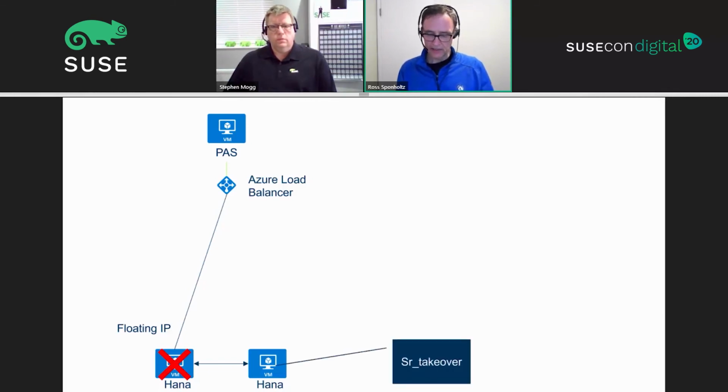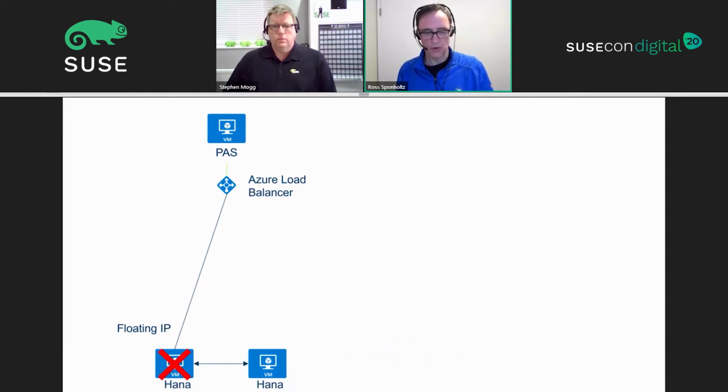So in the underlying software, in the HANA resource agent, we tell HANA 2 to do an SR takeover. If you're familiar with HANA, that just means I used to be the secondary or replica, now take over as the primary. And that would happen after the fencing occurred, by the way.